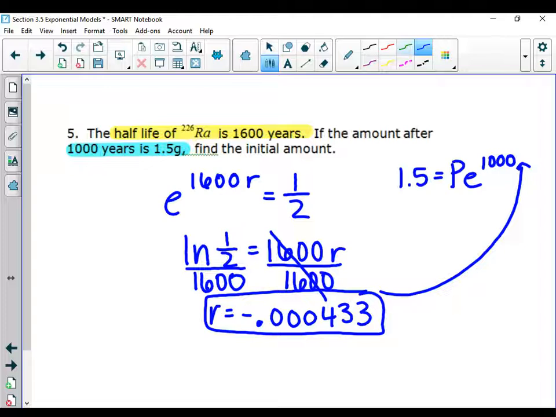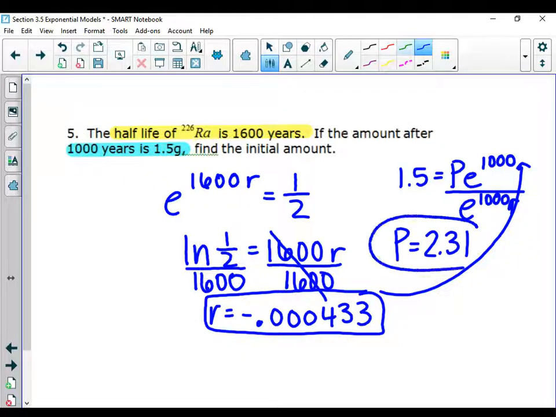So I'm going to divide by that E raised to the 1,000 and my rate as well. So 1.5 divided by E raised to 1,000 times my answer, because it's still in my calculator. My initial amount was 2.31, okay?